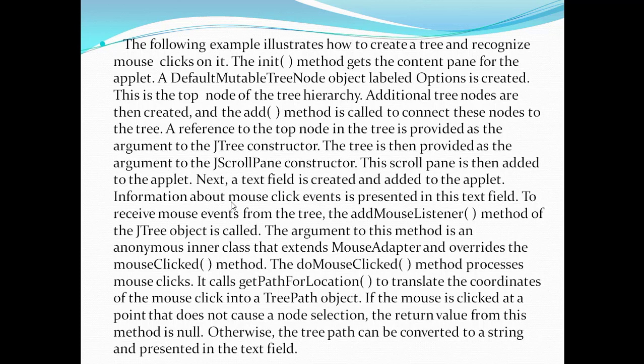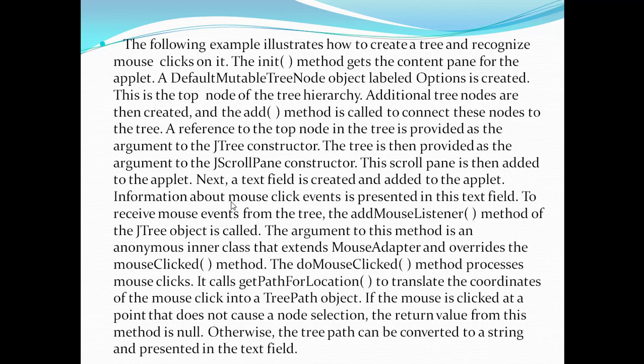In our example, the tasks we have performed are explained here. The following example illustrates how to create a tree and recognize mouse clicks on it. The init method gets the content pane for the applet. The DefaultMutableTreeNode object labeled Options is created.